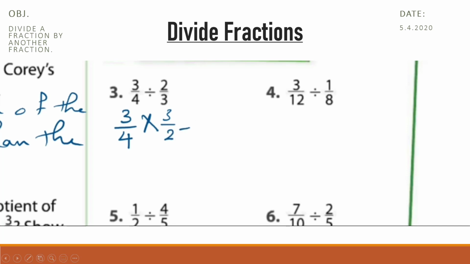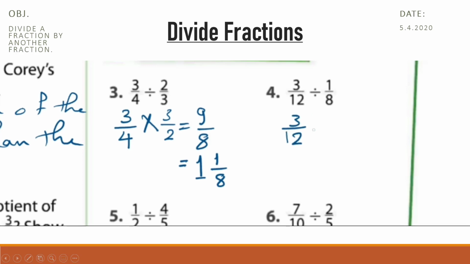Now multiply. 3 multiplied by 3 is 9, and 4 multiplied by 2 is 8. Now this is an improper fraction. Let's make this a mixed number. 9 divided by 8 is 1 and the remainder is 1. So 1 and 1/8.